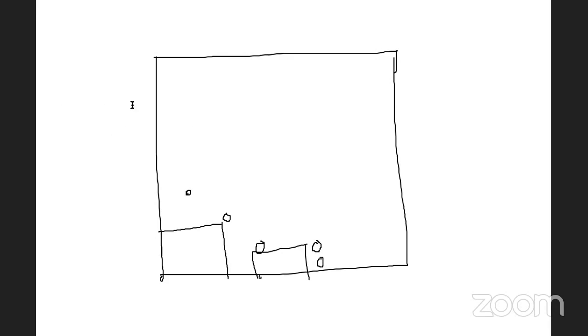Let me just find the largest rectangle. Yeah, the largest one that meets the requirement is the one with the bottom left corner at 5, 0. So at this point, the bottom left one, and the topmost corner here which is at 500 and 10 to the power 5, right?